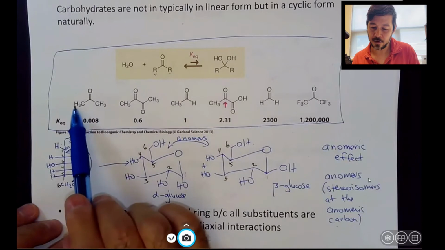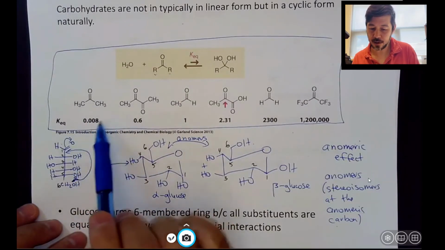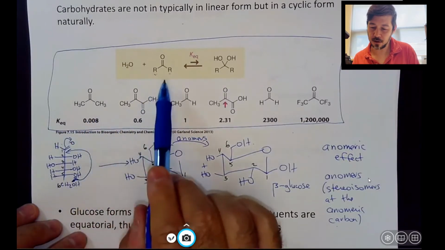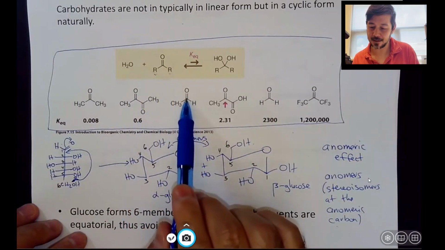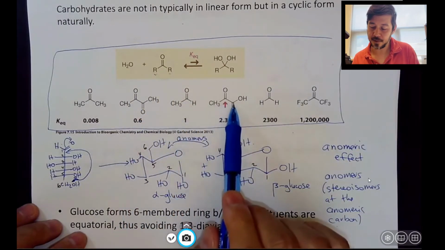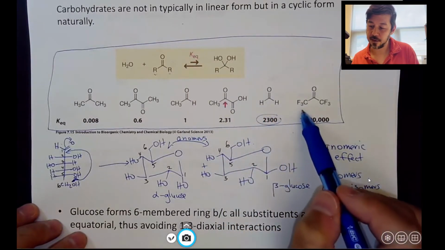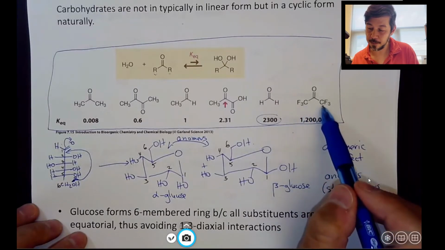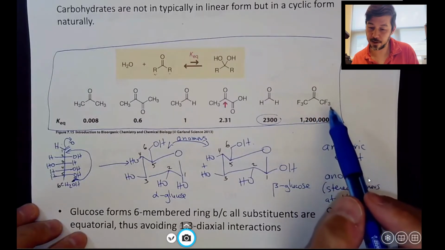Okay, so if you have something like acetone, for example, you're going to have a pretty low equilibrium constant. But as soon as you start making this more electrophilic, things like acetaldehyde, formaldehyde, you can see the constant dramatically increases. For this one here, where you have two trifluoromethyl groups, you can see the constant dramatically increases due to inductive effects from the fluorine.